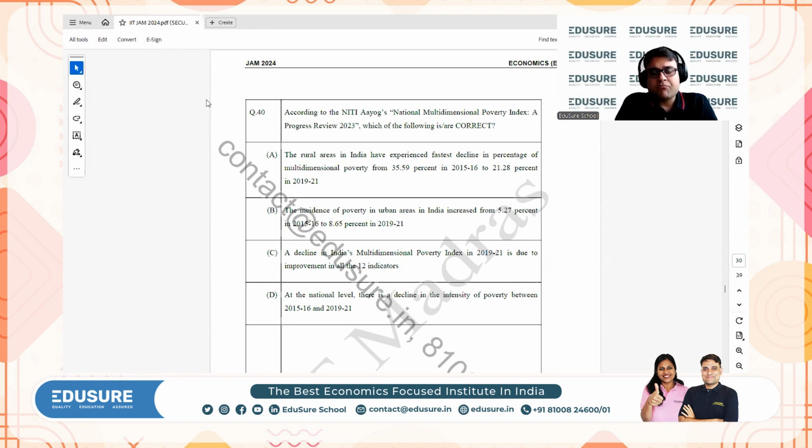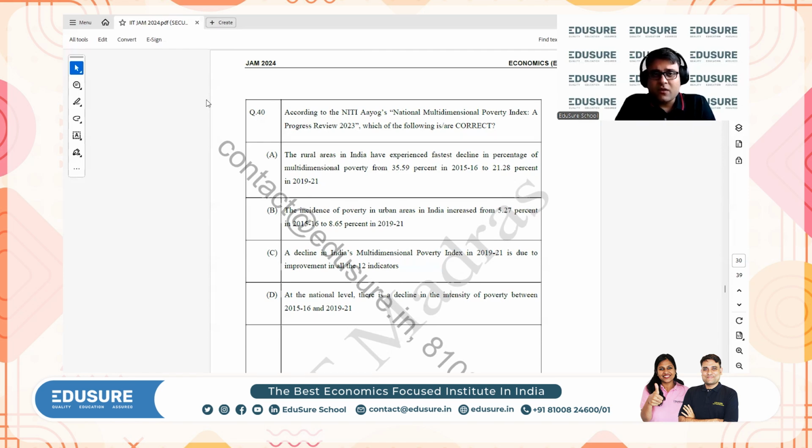But the poverty numbers, from 35.59% in 2015-16 to 21.28% in 2019-2021, these percentages are incorrect. It's about 28 to 29%, and it is different in 2019 to 2021 as well.